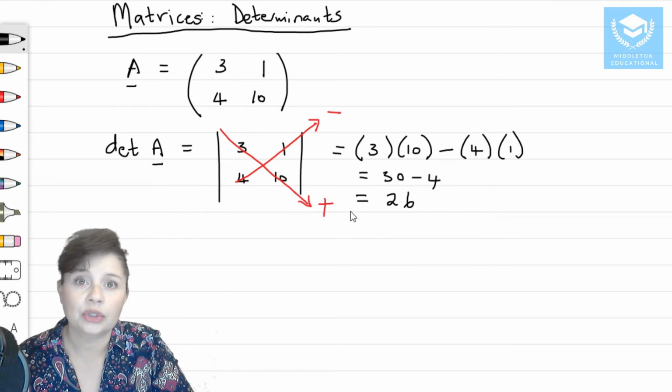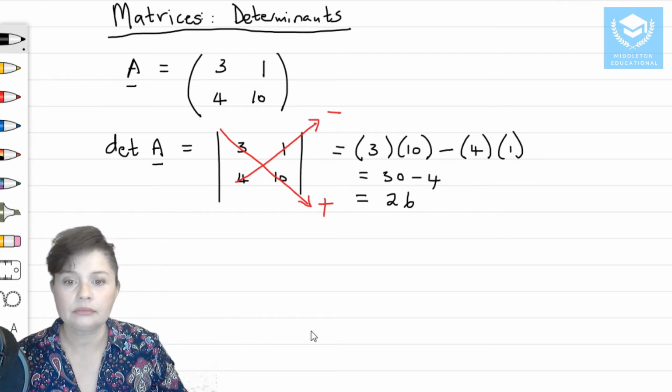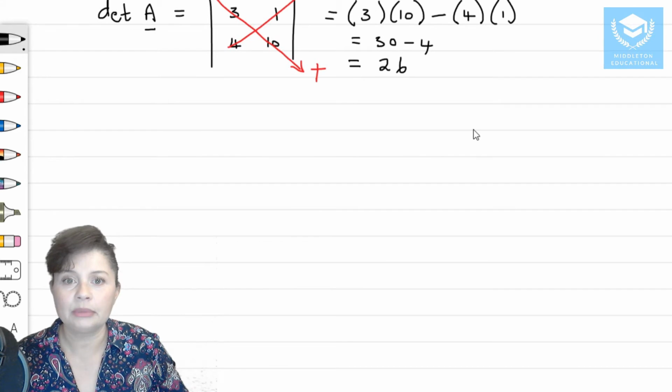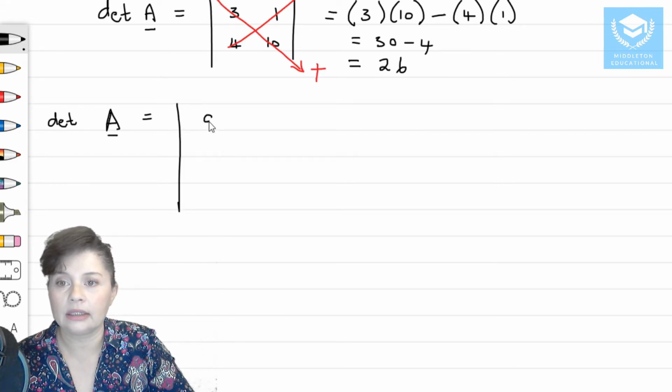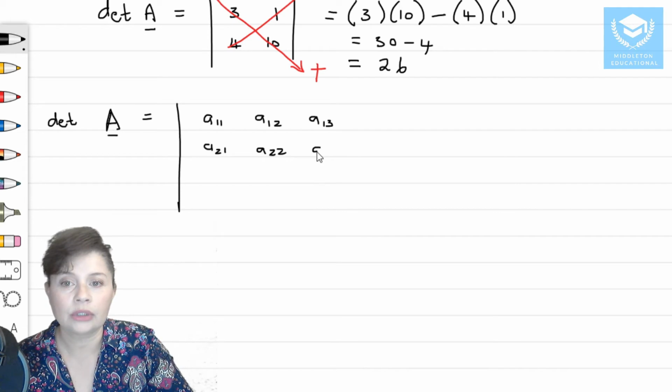So now let's look at a 3 by 3 matrix. And before I go to an example, let me write down what a general one would be. So now I'm going to choose A to be a different one. Right, and I'm just going to start off immediately with the determinant of A. And I say A11, A12, A13, A21, because I want to just show you what it's going to look like in general.